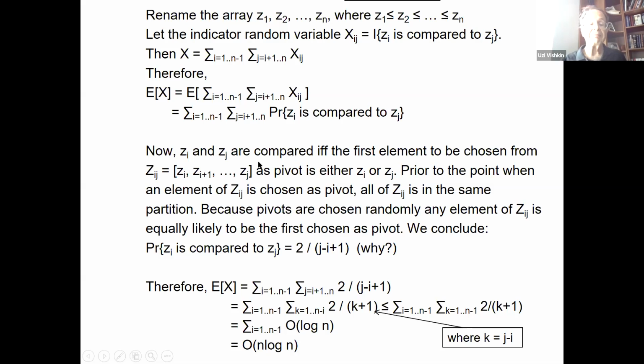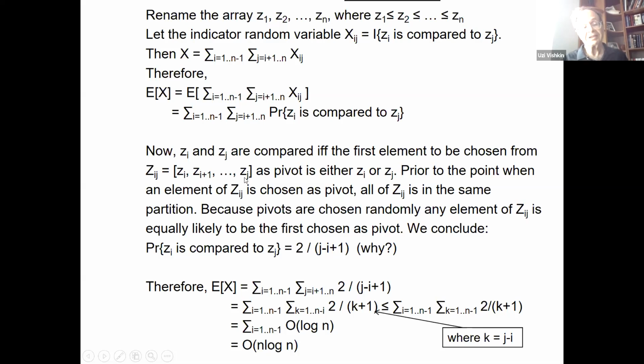Among all these possibilities, in this range, how many elements do we have? The answer is j minus i plus 1. Now, among the possibilities of choosing any of these elements as a pivot, under what possibilities will Zi be compared to Zj? If Zi is the first element to be chosen as a pivot, everybody will be compared to Zi, including Zj. So if Zi is the first pivot in this range, there is a comparison.